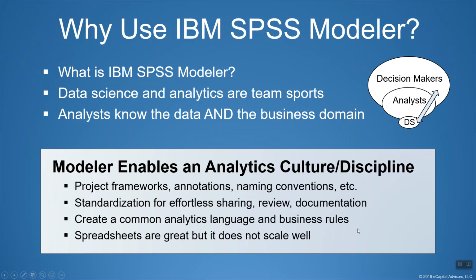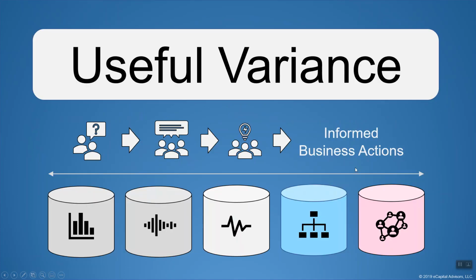Okay, and lastly, before we move on to Modeler, I just want to mention this slide, and this is a very important slide. So we have all this data from many different sources that we can analyze and integrate. But when we analyze data, we're looking for variance in the data, and much more than that, we're actually looking for useful variance.